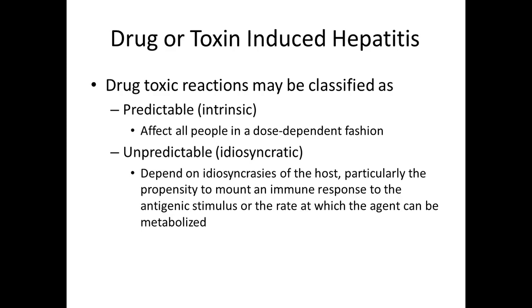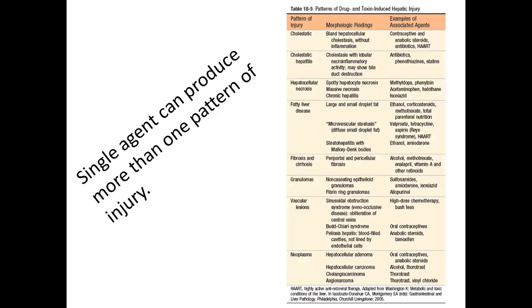Most drugs follow the same general principle: either a predictable, dose-dependent drug-induced hepatitis, or an idiosyncratic hepatitis. So if you see, the pattern of injury may be quite variable.